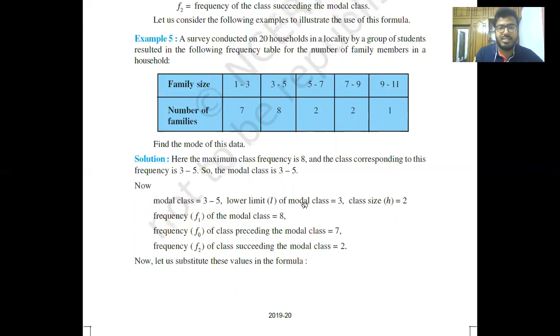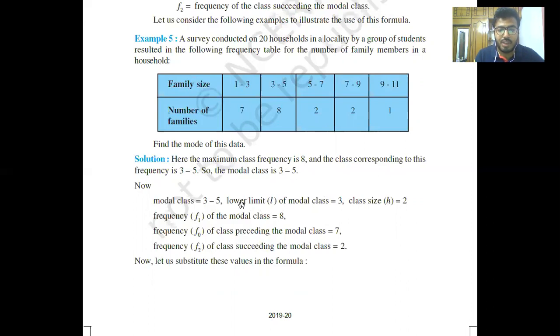Okay, in every answer remember one thing, you have to make the table. Okay, and then as it is written, that is model class: the maximum class frequency is 8, and the class corresponding to this frequency is 3 to 5. So the model class is 3 to 5. Okay, remember to write this thing.